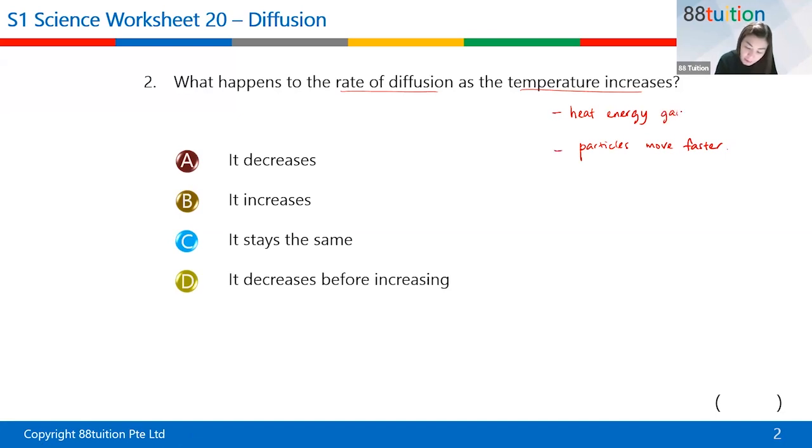I add a little bit so you take note. So heat energy gained by particles. So particles move faster.